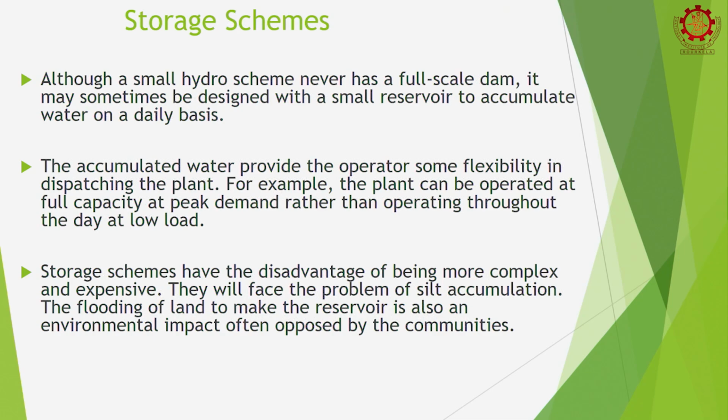And the storage schemes have water collected in a large reservoir. So, the advantage is this water can be used during the dry season when there are no rains, but the small hydropower plants will operate only with the rainwater available.